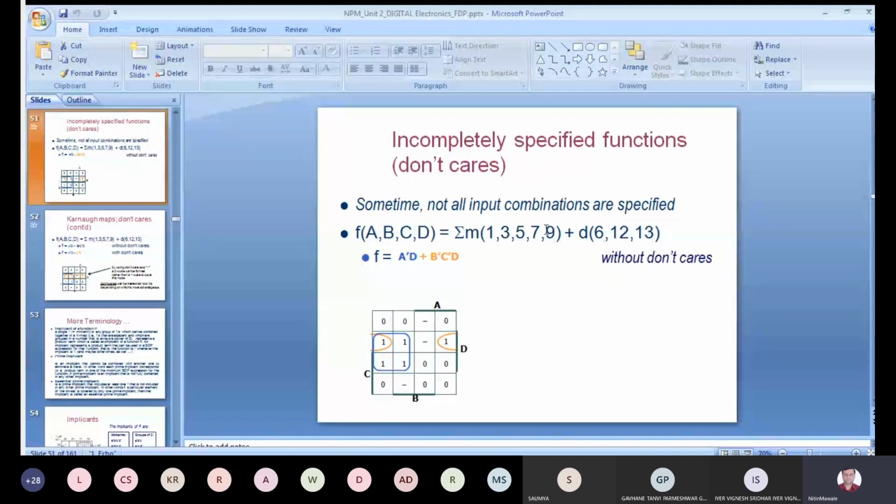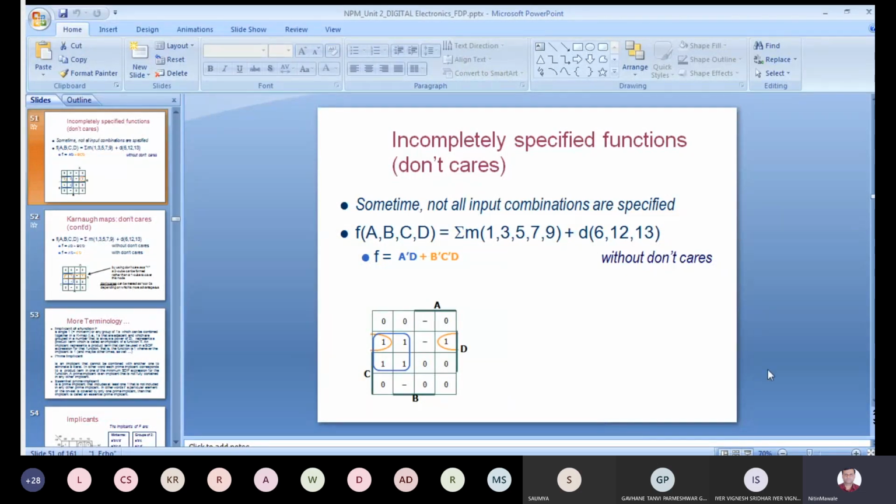Initially you note down the min terms as 1 in your K-map, and then after the plus and D sign, D stands for don't care terms, 6, 12 and 13. These are again noted as a dash, or you can consider it as a cross also. Which book you are referring to depends, in some books a dash is given, in some a cross. But most frequently we use a cross.